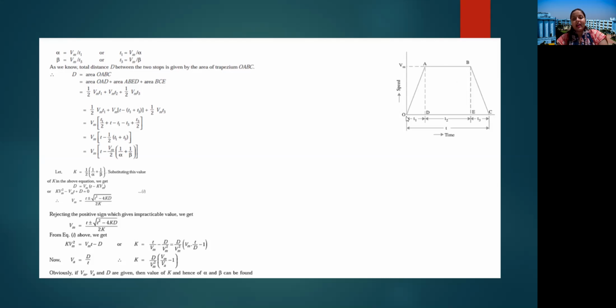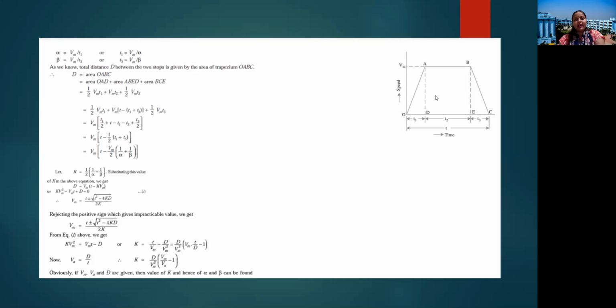We have a right angle triangle OAD, another right angle triangle BEC, and a rectangle ABED. The sum of these three areas will give us the total distance traveled by the train. So D is the area OABC, divided into three areas.